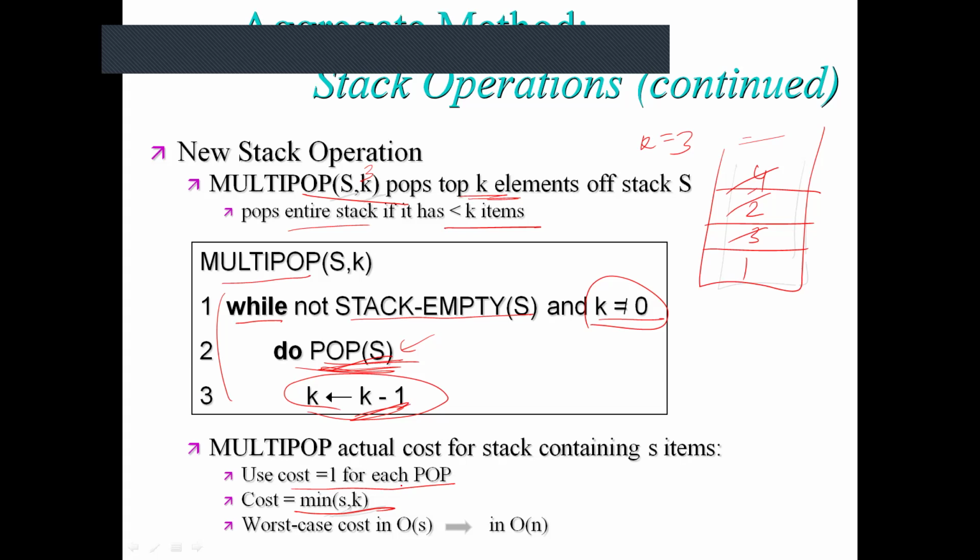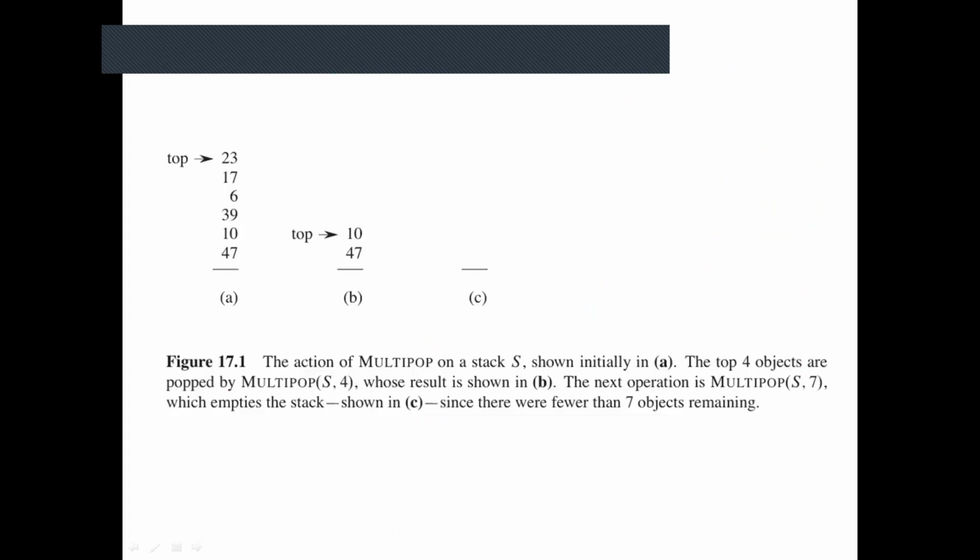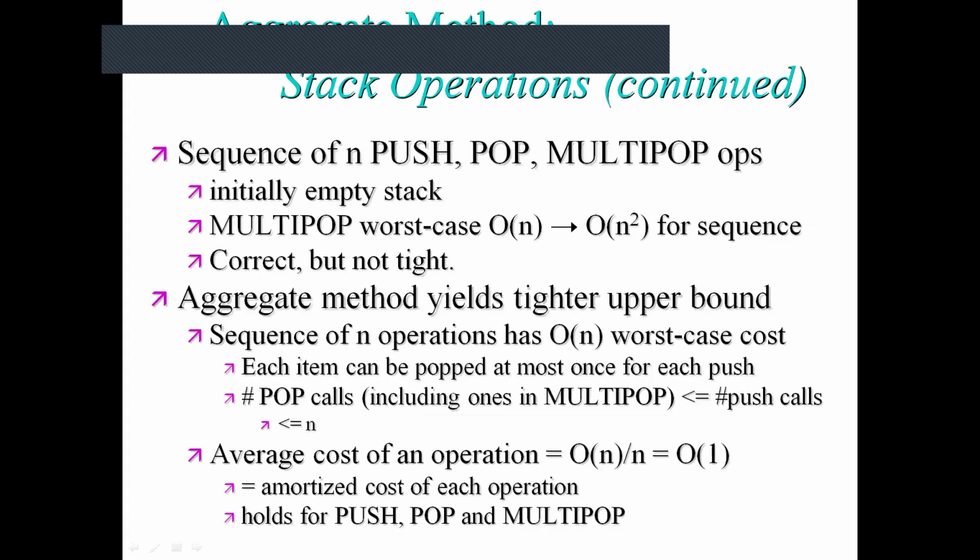In the worst case, any single stack operation is O(n). If you have n pushes or n pops or a multi-pop, which takes O(n), the worst case for any single stack operation is O(n). So if you have a sequence of n operations like this, we can say it takes around O(n²).